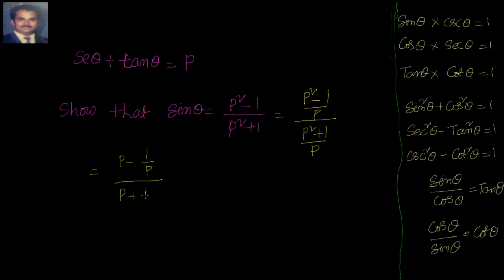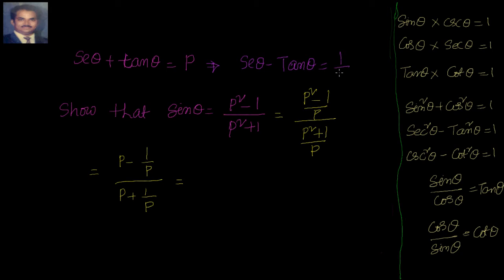Are you with me? I know that secant theta plus tan theta is equal to P. Then this gives me that secant theta minus tan theta is equal to 1 by P. Can you tell me how?